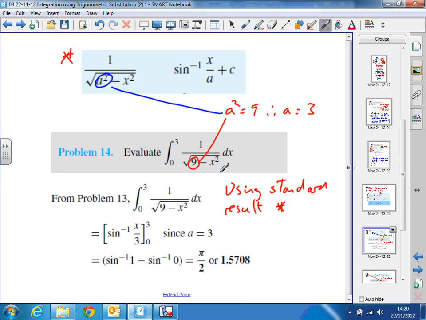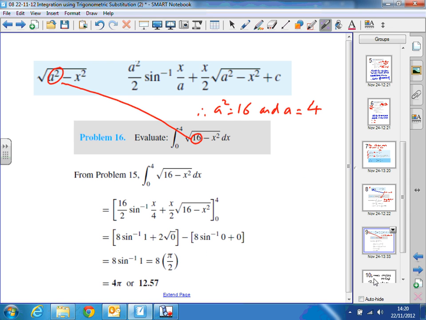That's where it might be difficult, to get it to look like that. And if you think about integration, that's been the problem all the way along. If you look at your table of standard integrals, the difficult bit is not using that table, it's getting a thing to look like one of those standard integrals, then you can use it. No different here.